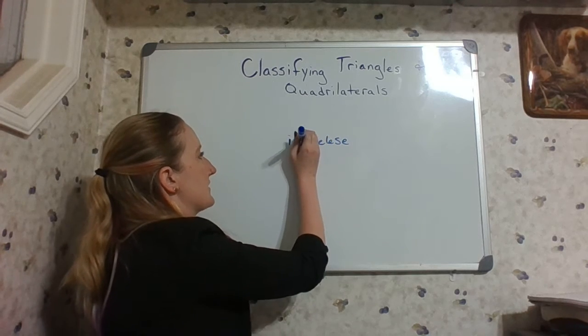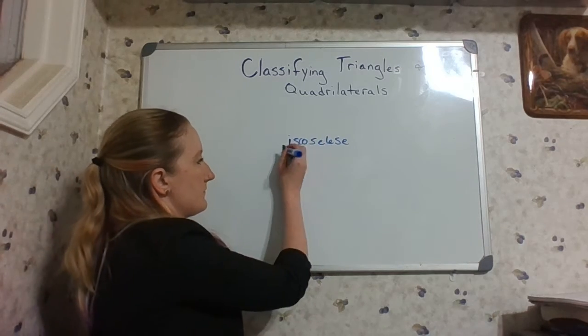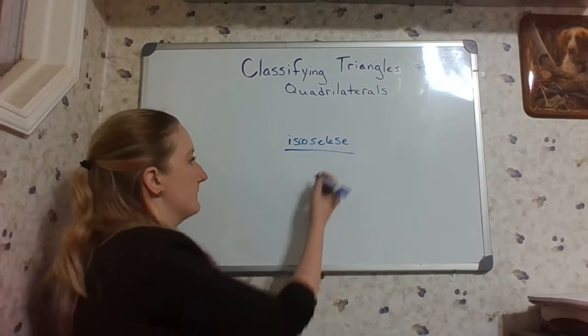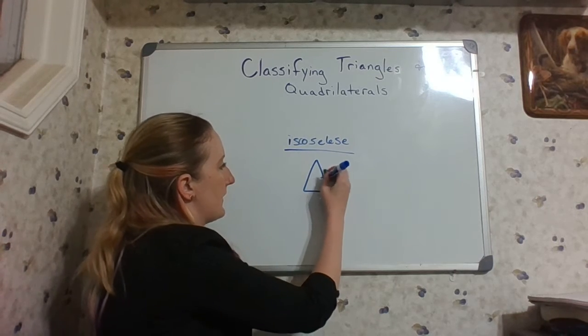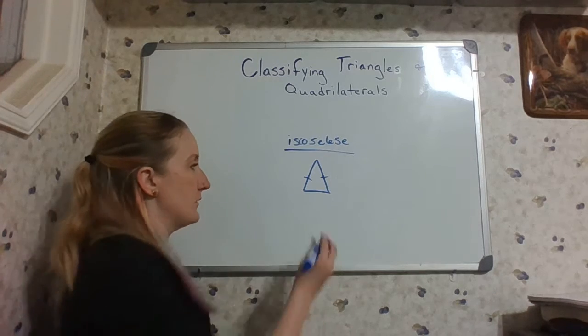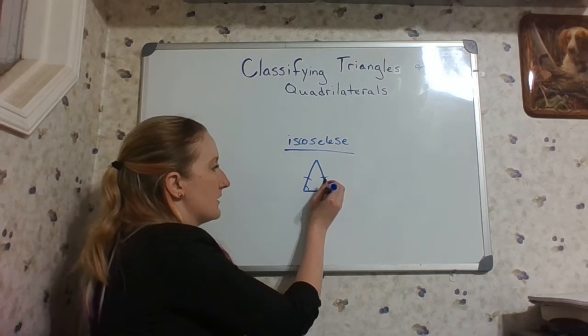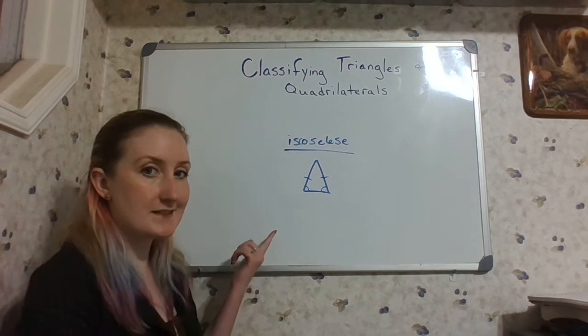So that one's an S and there's a C there. Alright, so an isosceles triangle has 2 sides that are the same. So it looks like this. So we have those 2 sides are the same. The fun thing about isosceles triangles is you also know that these 2 base angles right here are also the same. So that's an isosceles.